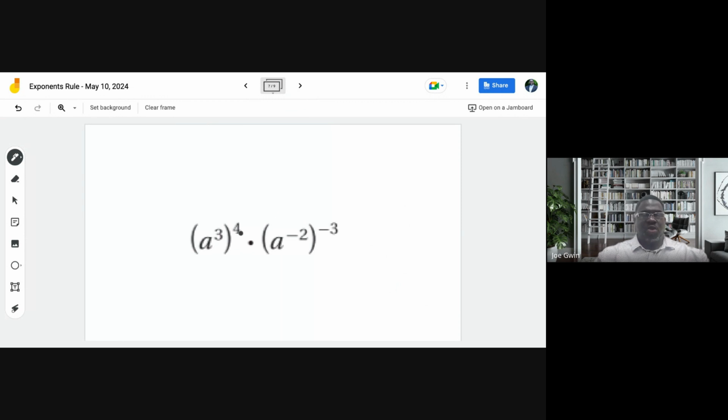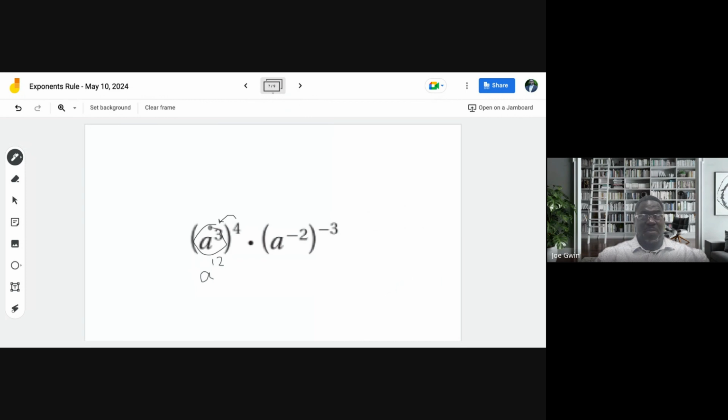So this is a cubed raised to the fourth power, which will be a cubed times a cubed times a cubed times a cubed. You can just multiply these exponents and come up with a to the 12th. Again, the exponent tells you how many times to multiply the base.